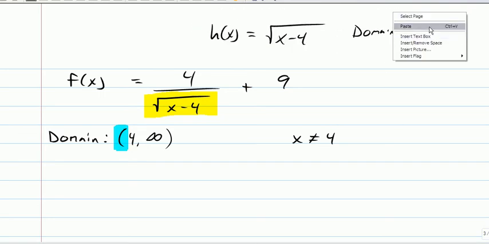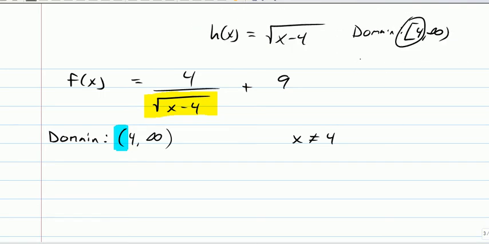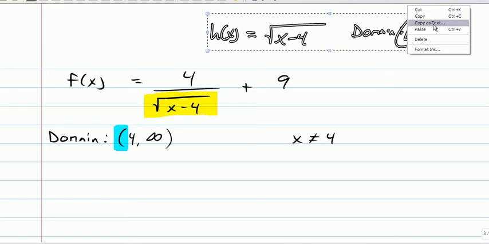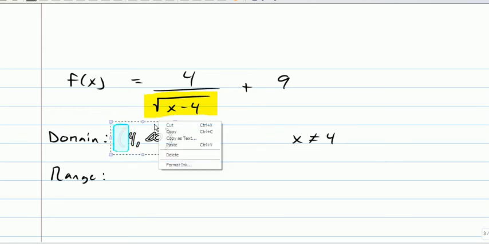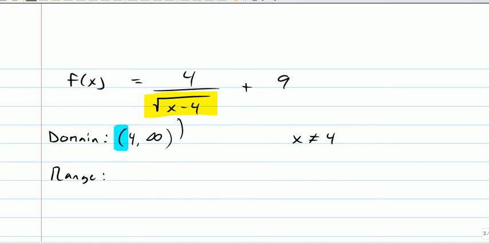So we've got the domain. Now we'll go to the range. Range is about output values. If you take all of these numbers in here and plug them in for x, think about the different outputs you're going to get.